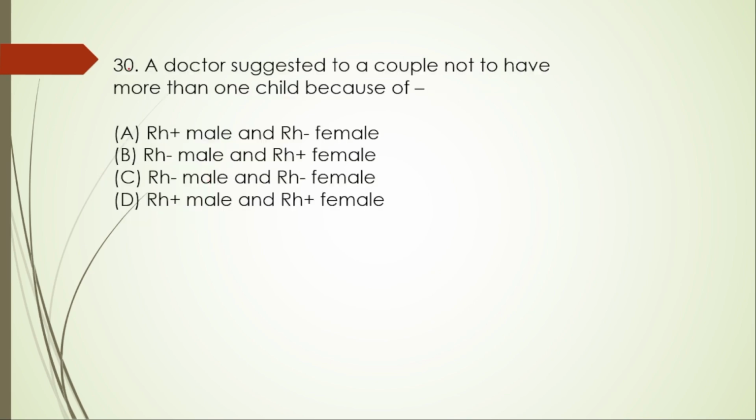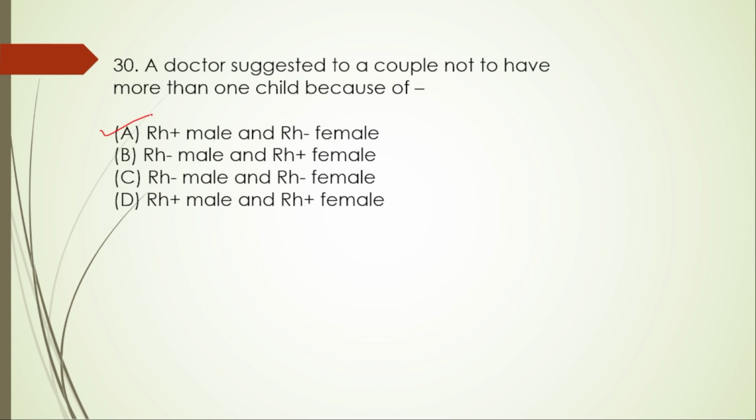Next question, question number 30. A doctor suggested to a couple not to have more than one child because of: A, Rh positive male and Rh negative female; B, Rh negative male and Rh positive female; C, Rh negative male and Rh negative female; D, Rh positive male and Rh positive female. So here the right option is option A, Rh positive male and Rh negative female. Why?